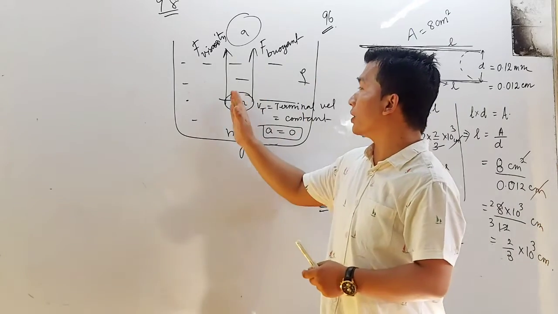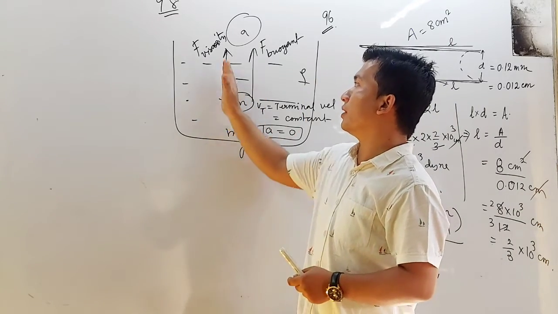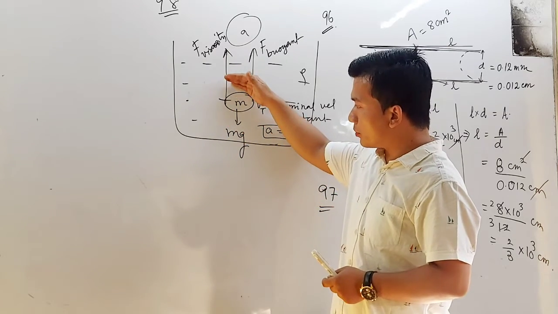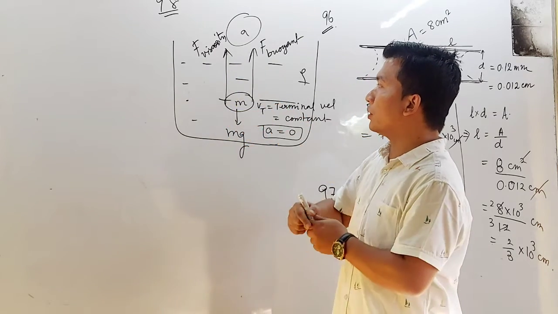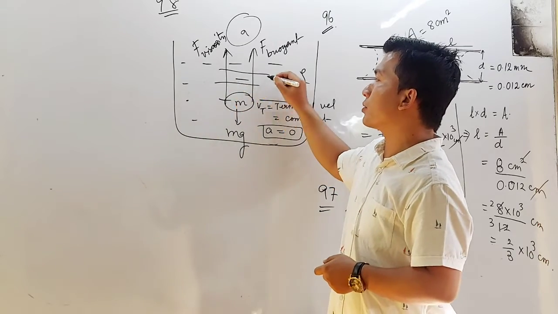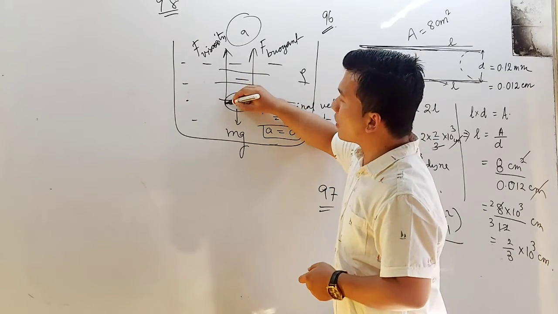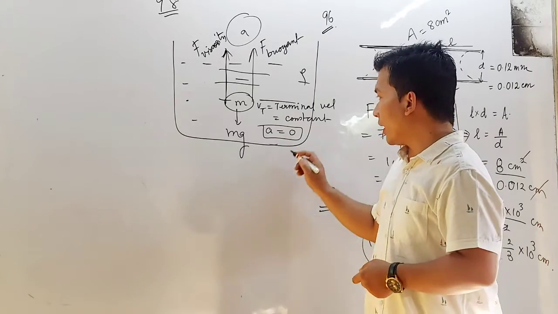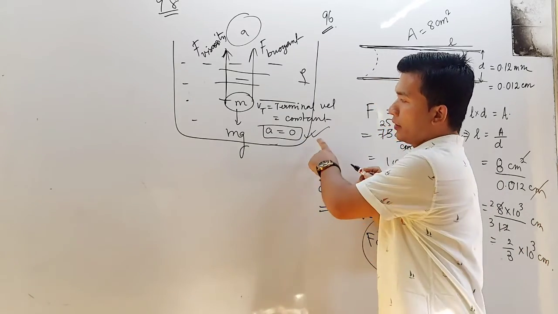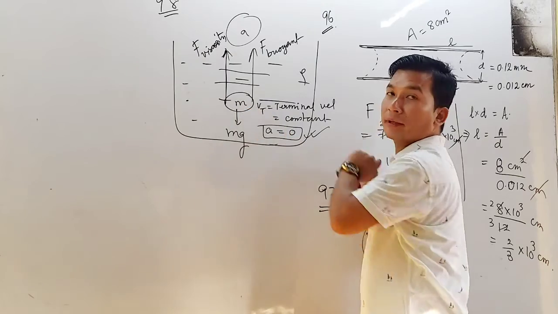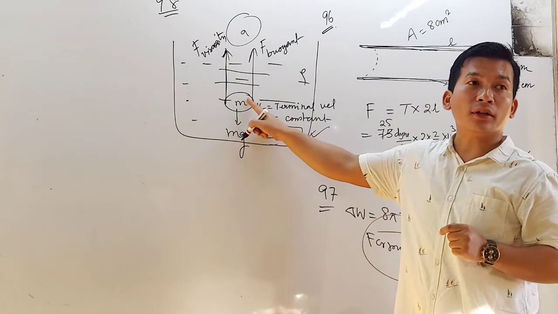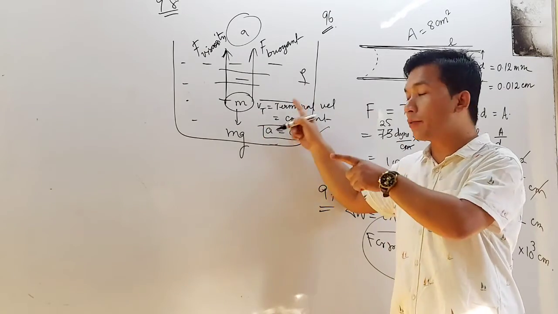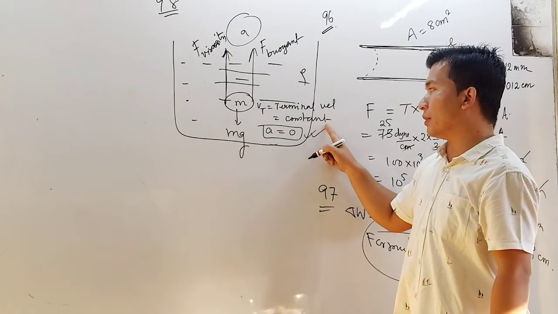Your resistive force will be in this direction. The weight will try to bring this body down to the bottom, but due to the layer nature, viscosity generates a resistive force in the opposite direction. The acceleration is zero, so this will be in equilibrium. This body is still moving with terminal velocity, constant velocity.